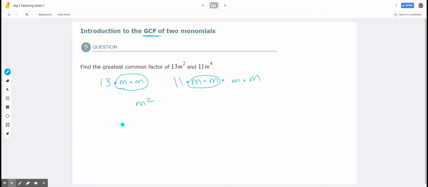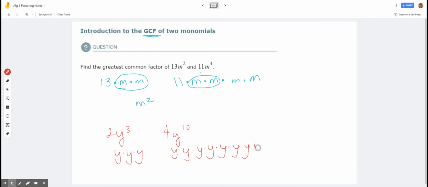The thing with variables is that if you have, say, 2y to the third and 4y to the 10th, 2 is in common with the numbers, correct? The thing with the variables is it's always going to be the lowest number, because this is 3 y's and this is 10 y's.